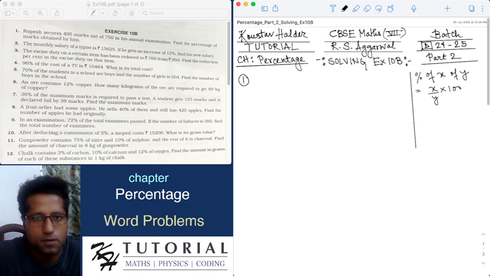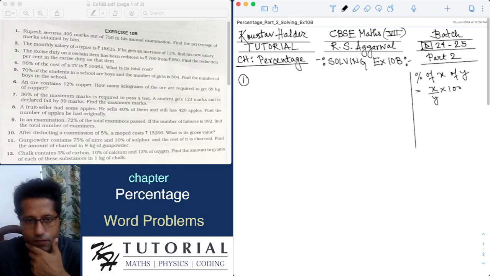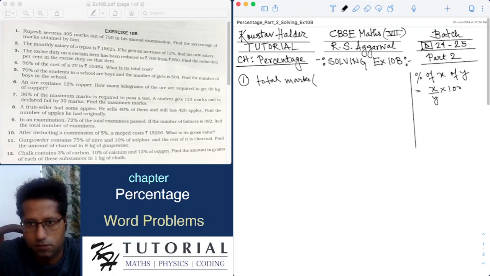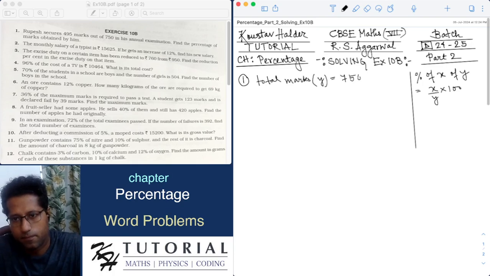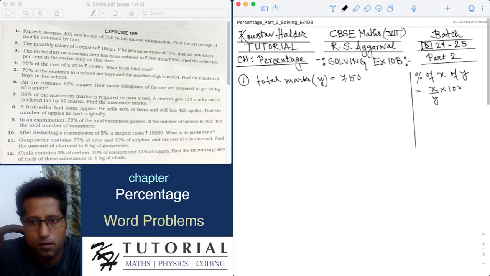So in this problem, Rupesh scored 495 marks out of 750 marks. So y is total marks in this problem, which is y equals 750, and Rupesh's score over here will be x is 495 marks.